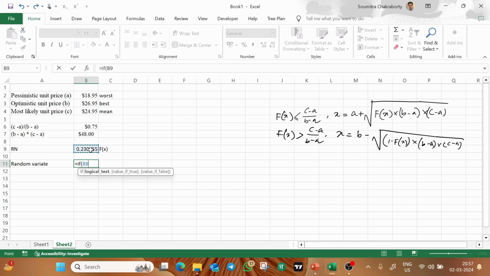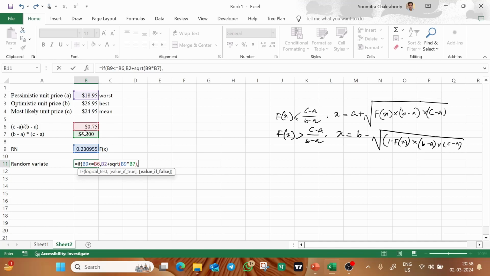If my fx is less than or equal to c minus a by b minus a, which is this, then what is the x value? X value is a plus square root of fx into this one, right?